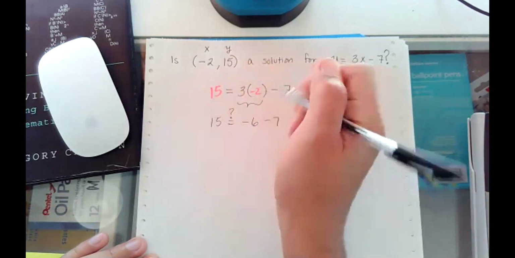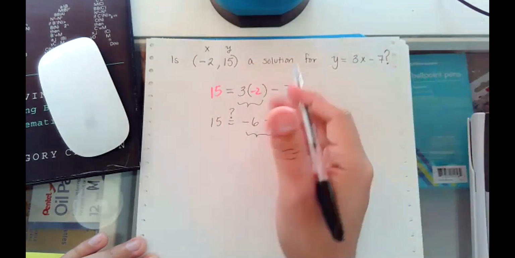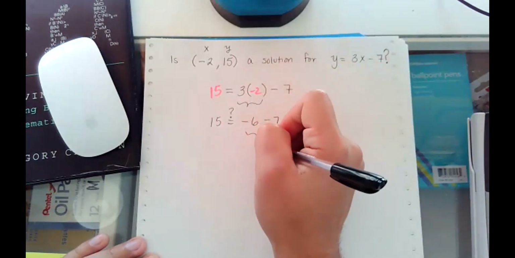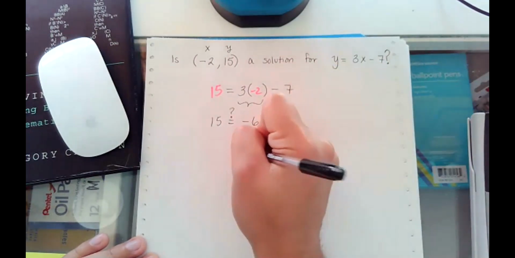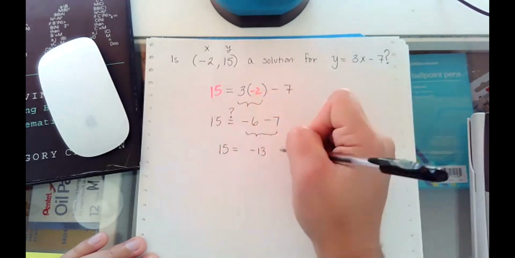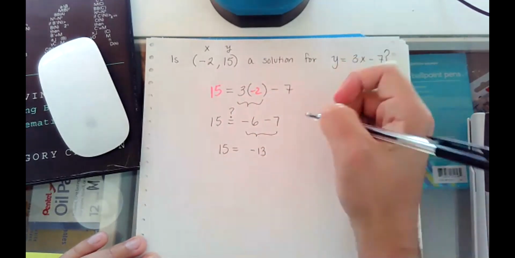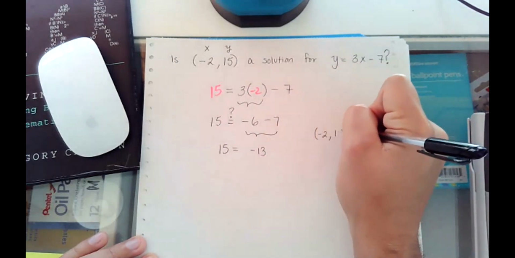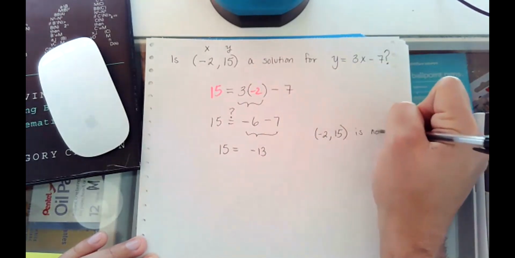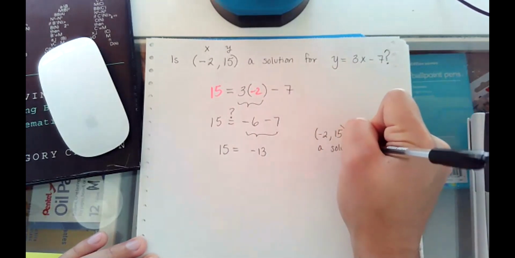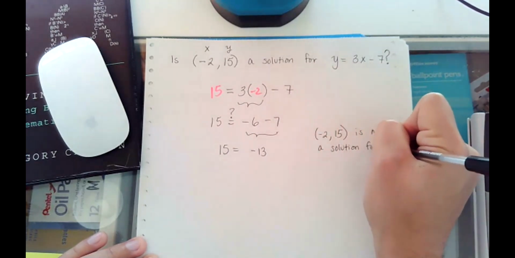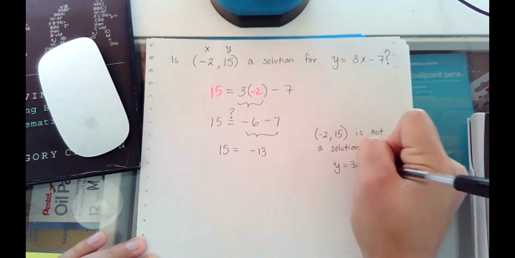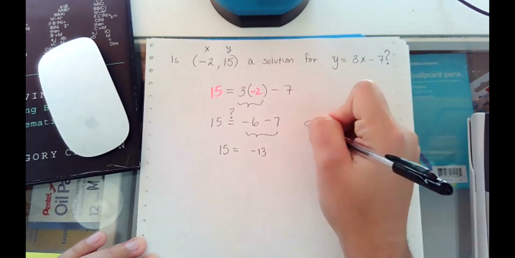I don't know if this is true or not, but once I get to the bottom of this, quite literally, I get that -13 is equal to 15. And since that's an obviously false statement, that means that this is not a solution. So -2 comma 15 is not a solution for y equals 3x minus 7.